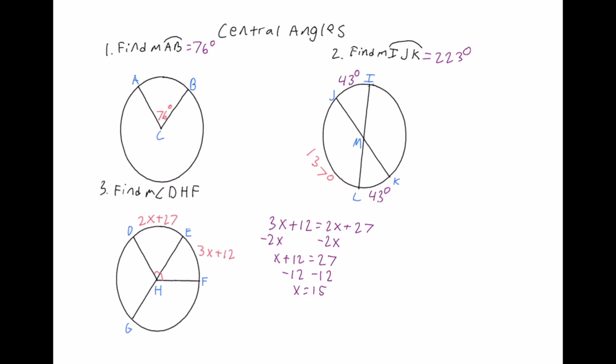So this arc here, and the angle is 57 degrees, which means this is also 57 degrees. So that means the entire angle is 114 degrees.